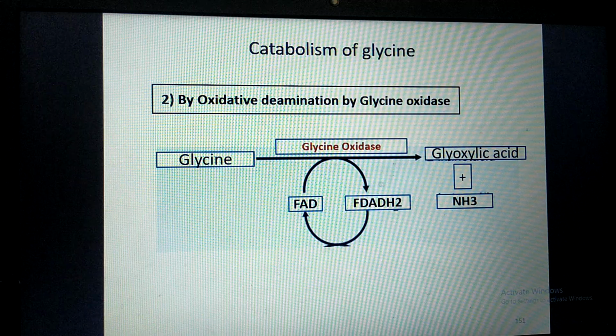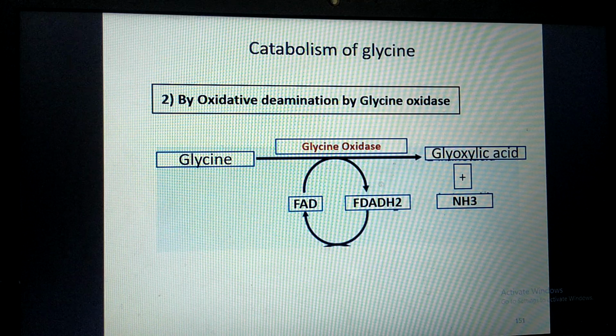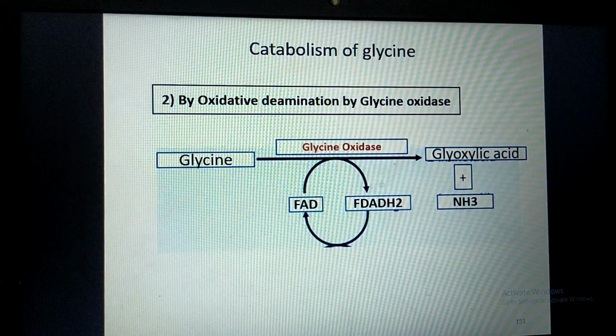These two hydrogen atoms are accepted by a compound called FAD, which is then reduced to FADH2, and the amino group is removed in the form of ammonia. Here no acceptor of that amino group is present in this reaction. So this reaction generates free ammonia plus glyoxylic acid.